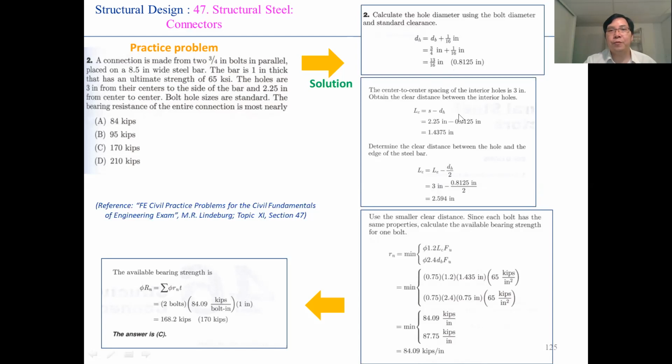And after that, you can calculate the clear distance between the interior holes by this equation: L_C equal to S minus D_H. And you can see the result of the L_C. After that, you can determine the clear distance between the hole and the edge of the steel bar by this equation: L_C equal to L_E minus D_H over 2, and you can find the result of L sub C.